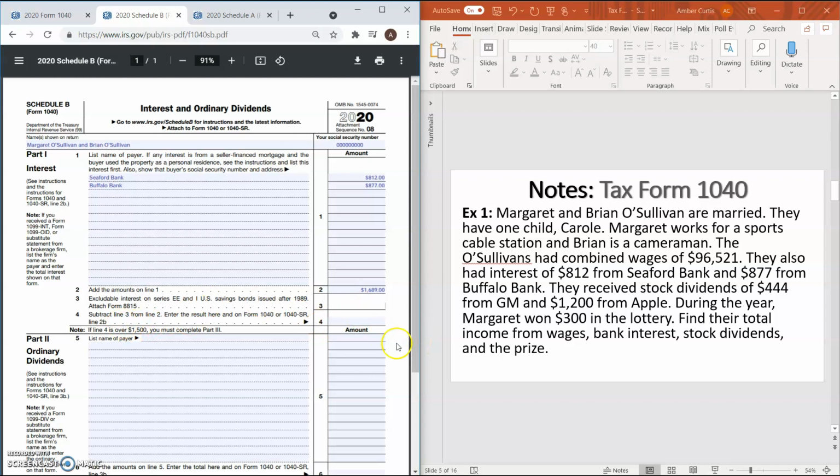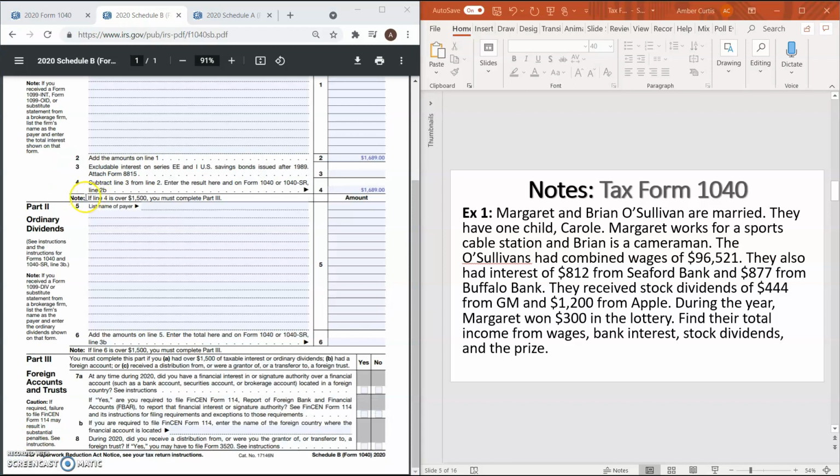Then it says subtract 3 from 2. Since 3 is blank, we're just going to copy 2 down on line 4. So that gives us the same amount, $1,689. Right below line 4, it says note, if line 4 is over 1500, you must complete part 3, and it is, so we're going to have to complete part 3.